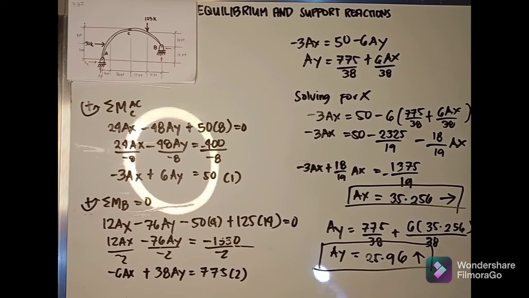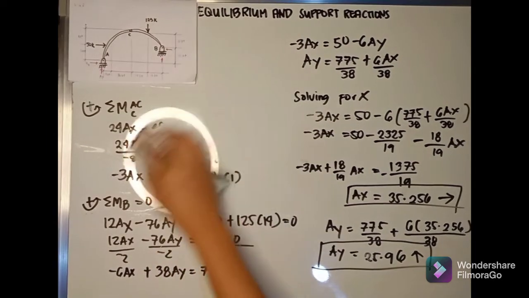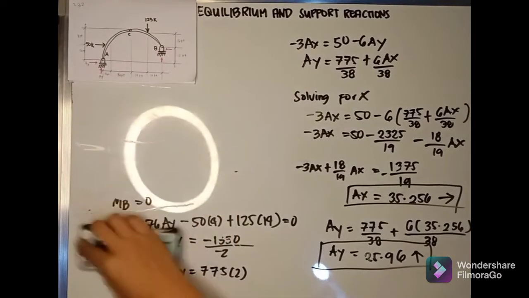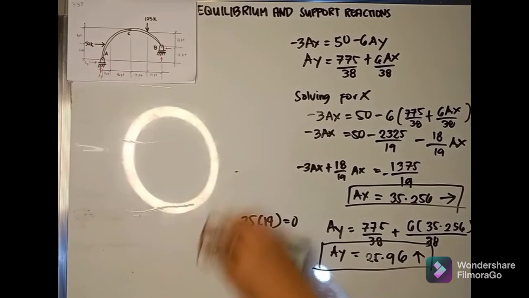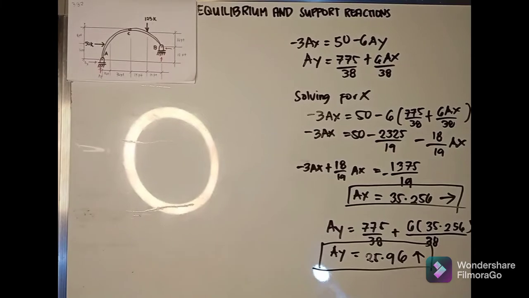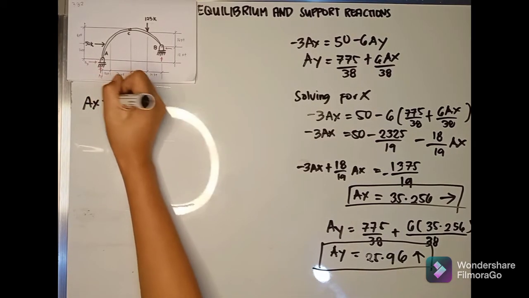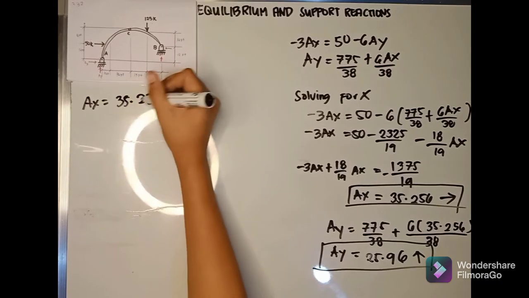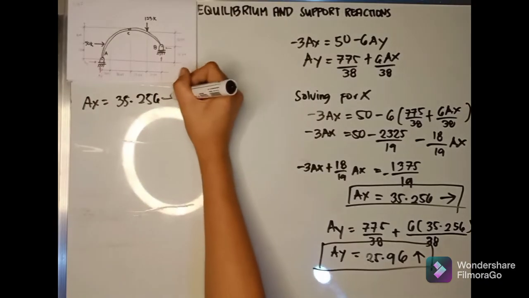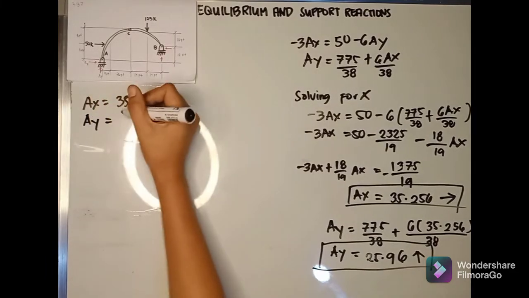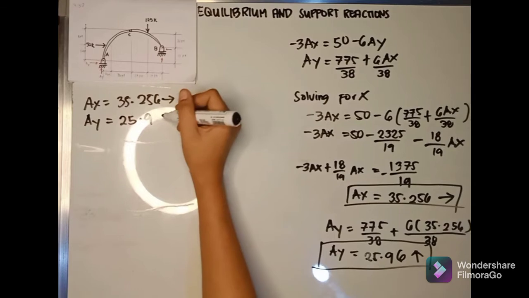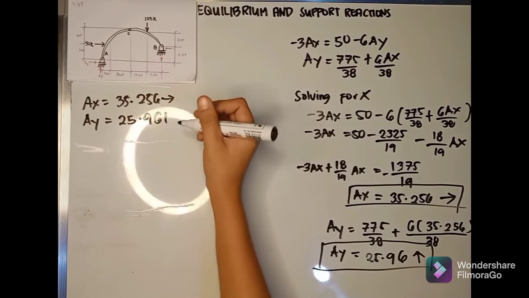Now we're ready to solve for the unknowns in A and B, since we already have one horizontal and vertical reaction known. Okay. AX is equals to 35.256, and AY is equals to 25.961 to be exact.